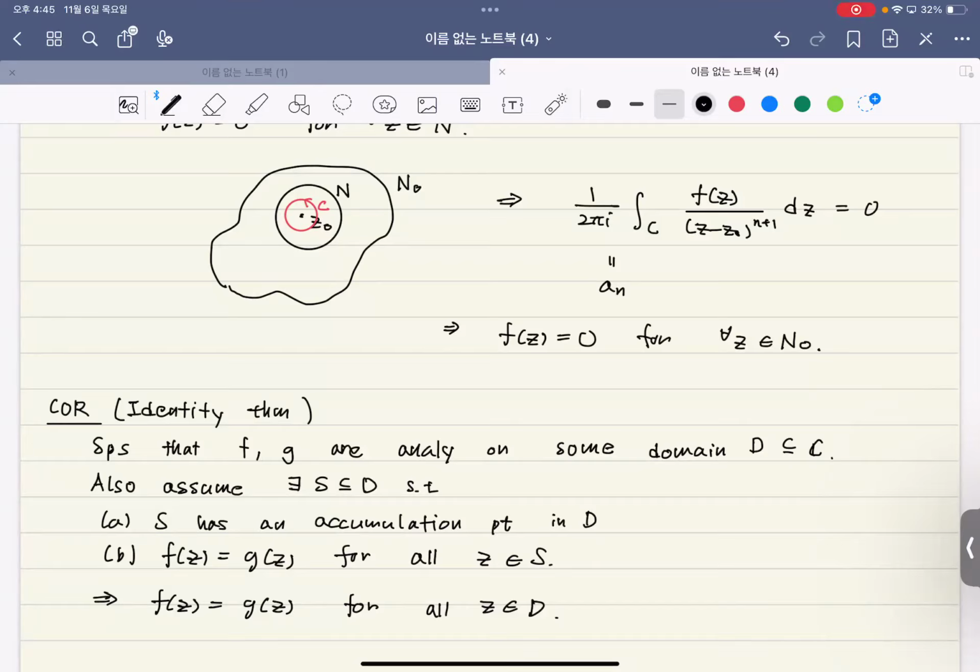Consider this hypothetical scenario: you have a function defined on some bounded domain, and suppose you are able to fix the function values on at most countably many points inside the domain. Then that actually determines your entire function on the domain, right? So this is the identity theorem. Okay, I think this is it for today, and see you next time.